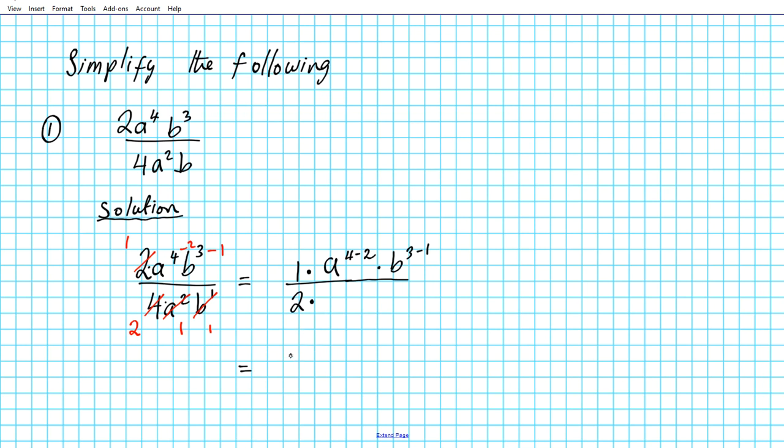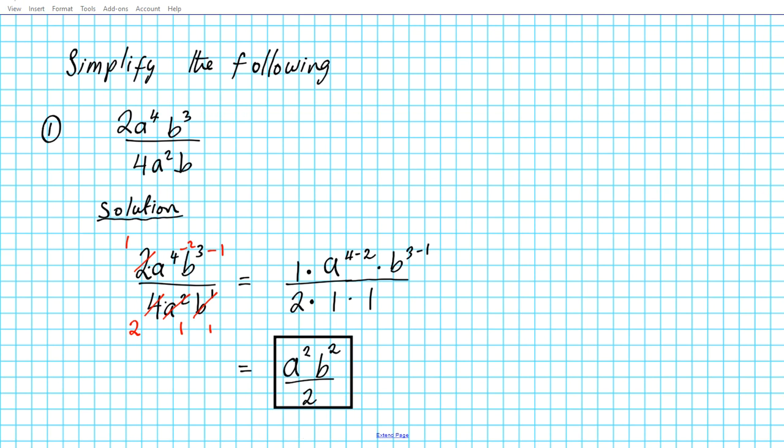This is going to be a to the 4 minus 2, which is 2. b to the 3 minus 1 is just 2. And then I have a 1 here and a 1 there. When you multiply all that together, in the denominator you're just left with 2. So the final answer for the first problem is a squared b squared divided by 2.